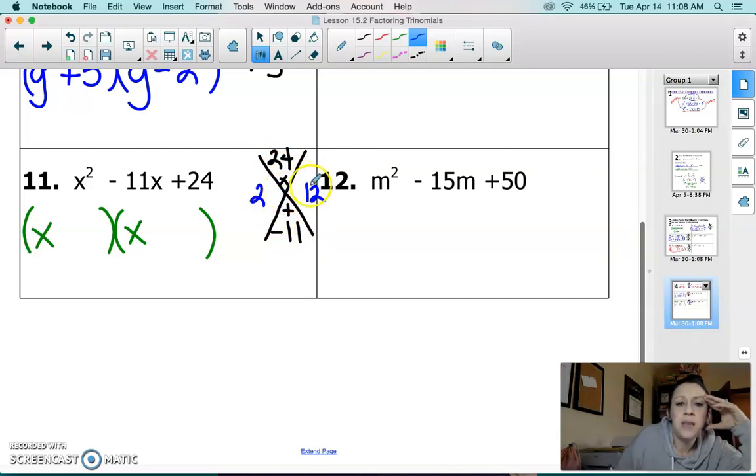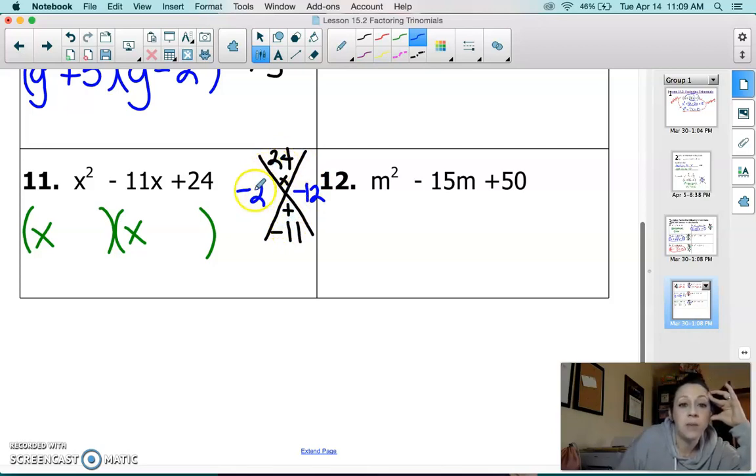So in order for that to happen, I either need a positive times a positive to get a positive, or I need a negative times a negative because 2 negatives equal positive when you're timesing. So in this case, I'm going to want these both to be negative in order to multiply to get a positive number, but to add up to a negative number.